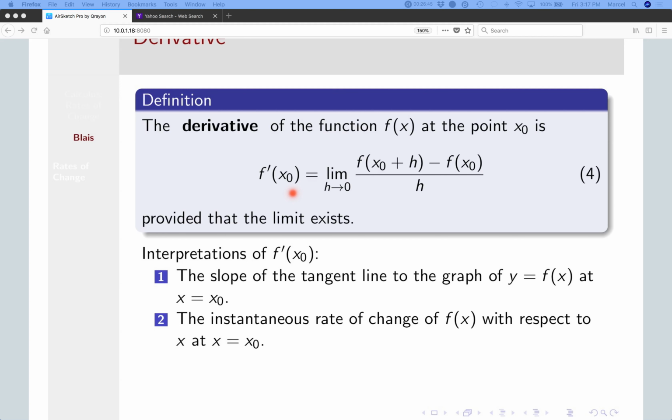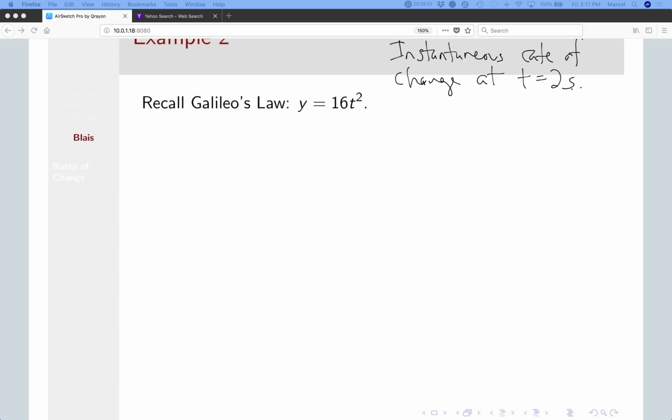So we're going to take this and plug 2 in for x naught. So we want, and we should recall that we have y equals f of t, which is 16t squared. And we want what we're calling f prime of 2.